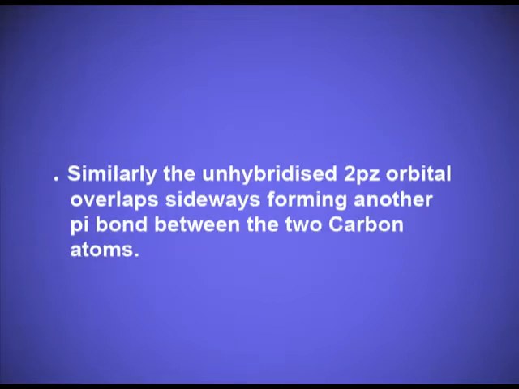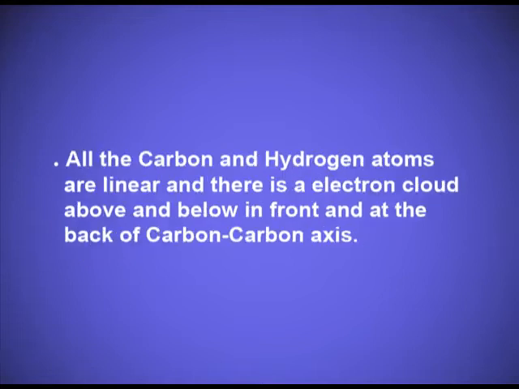Similarly, the unhybridized 2pz orbital overlaps sideways, forming another pi bond between the two carbon atoms. All the carbon and hydrogen atoms are linear, and there is an electron cloud above and below, in front and at the back of the carbon-carbon axis.